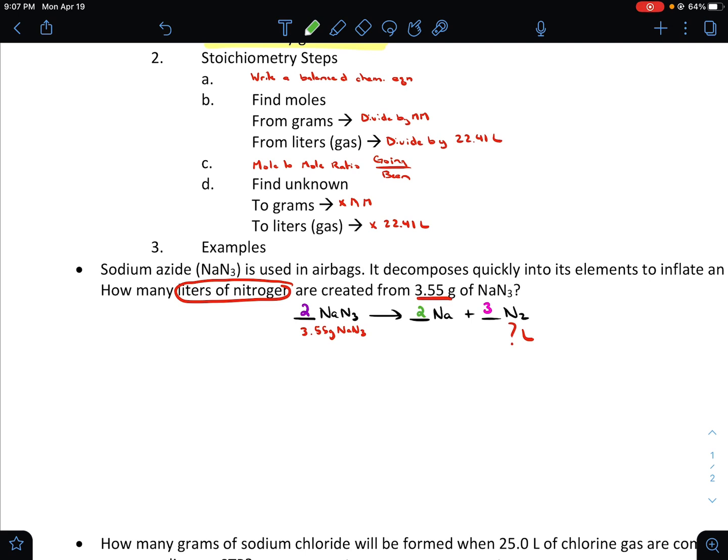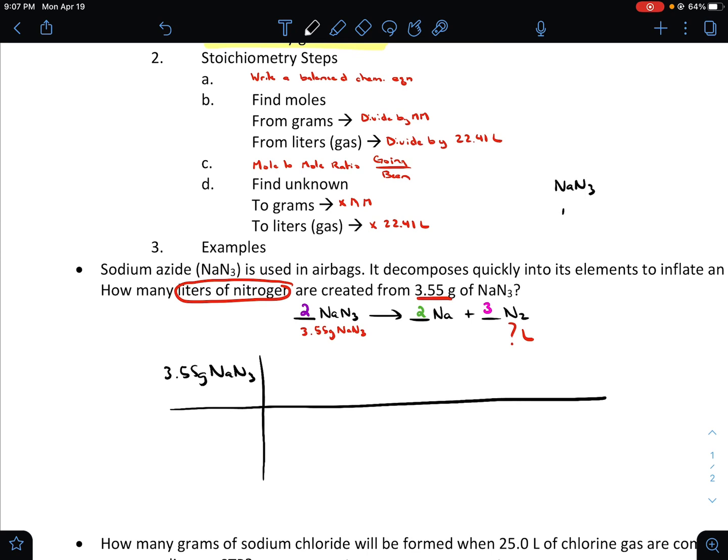Awesome. Our next step is we're going to find moles, and we find moles since we're starting with grams. So on our little T-chart, let's start with our 3.55 grams of sodium azide, NaN3. We're going to convert that to moles, and we need to do that by doing the molar mass. So as a little aside, we've got NaN3. We have one Na, so we're going to take that times 22.98977.